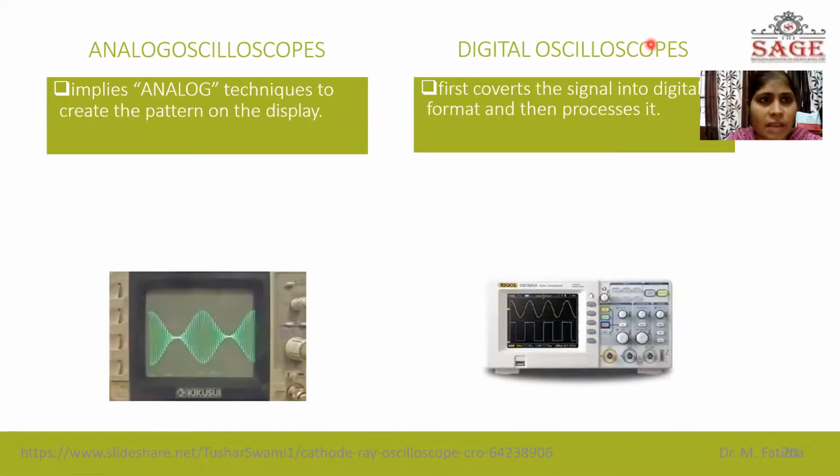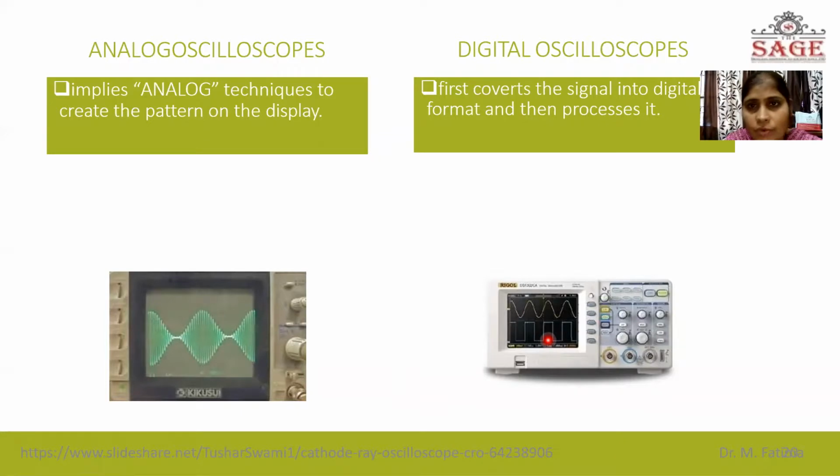Now next, I want to talk about the types of oscilloscope: analog oscilloscope and digital oscilloscope. The analog oscilloscope uses techniques to create the pattern on the display. You can see here, this is the analog CRO. The digital oscilloscope first converts the signal into digital format and then processes it. This picture is showing the digital oscilloscope. The sine wave, square wave, or any type of wave can be displayed on this.